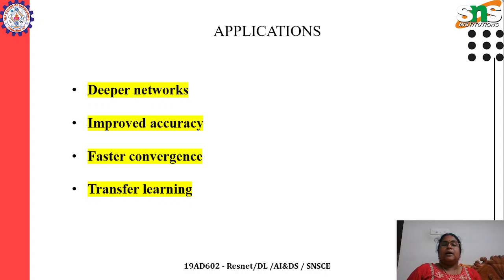It has improved accuracy compared to VGG net, and it overcomes the dropout problems. The accuracy of the network is improved, and it has faster convergence and supports transfer learning. So these are all the important applications of ResNet.